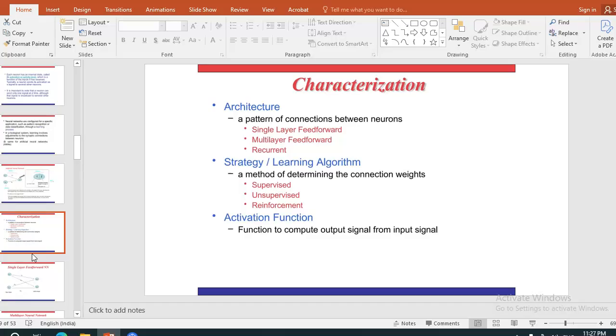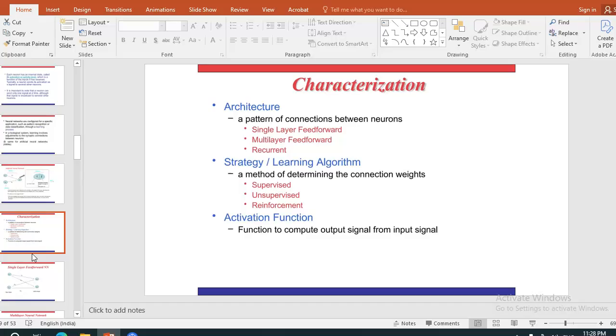For binary classification, we can go for the sigmoid activation function. For multi-class classification, we can go for the softmax activation function, because the output is provided based on probability. If you add these three values, the output becomes 1. That is the softmax activation function.